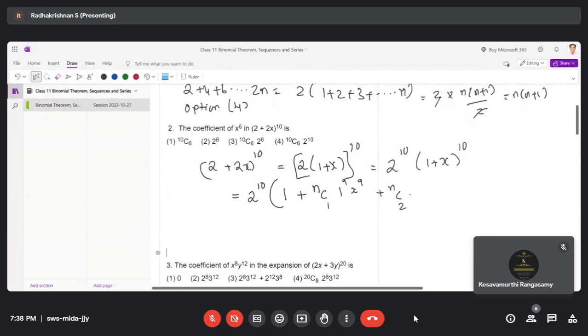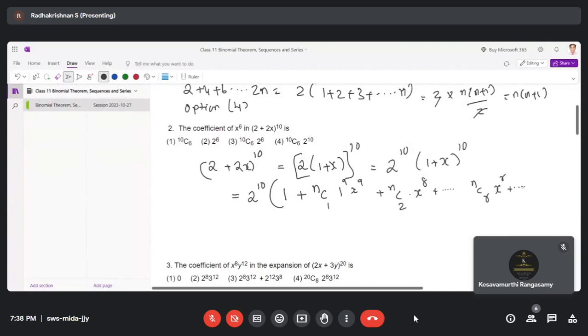So nc2 into x square, and so on. So 2 to the power of 10 into ncr x to the power of r.